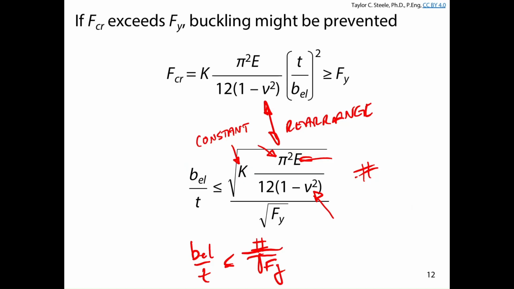And so what we're going to do is for the flange and for the web, we're going to calculate the width to thickness ratio of the plate. And as long as that width to thickness ratio is less than this upper limit, we're going to say, okay, we're not going to get local buckling before we get cross-sectional yielding. And then we can use the equation we talked about on Monday and not worry about local buckling.